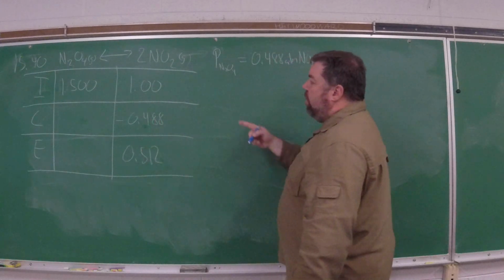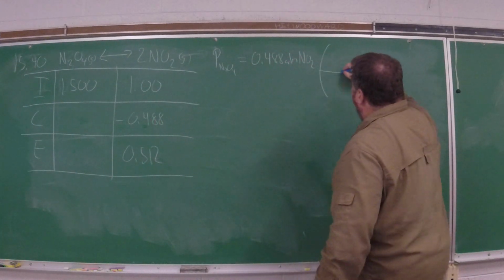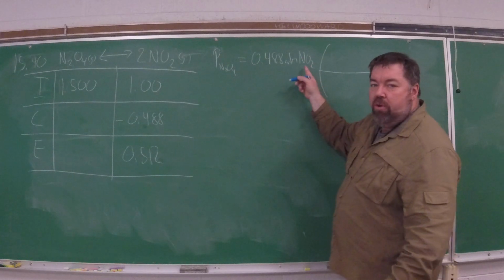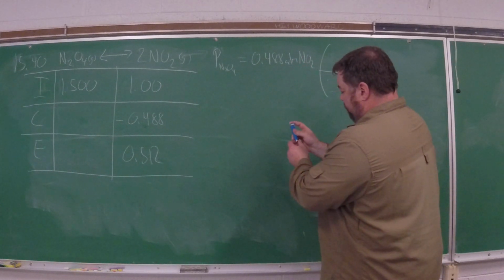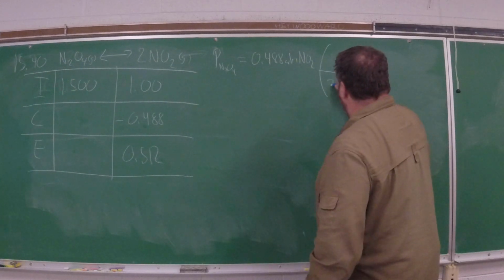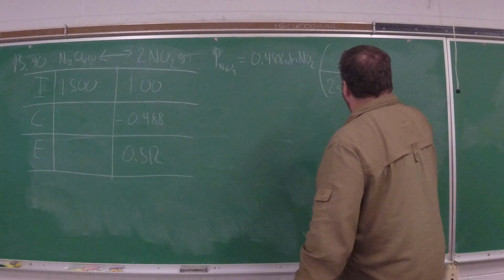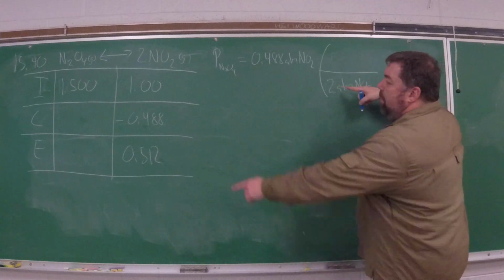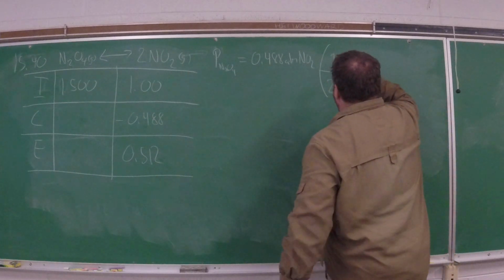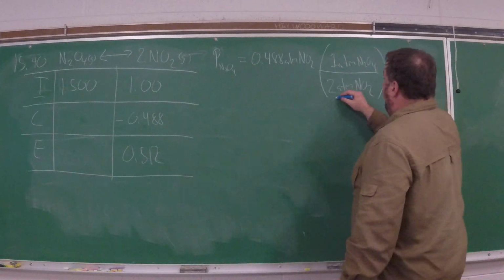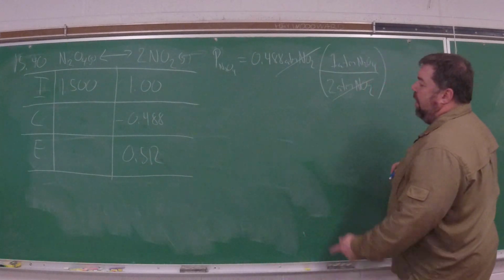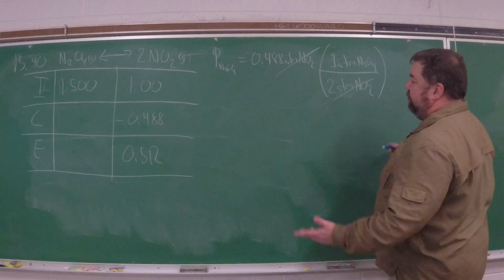And again, I'm going to use the stoichiometric ratio, right? I want the partial pressure of the NO2 to cancel. So, every 2 atmospheres of NO2, there's 1 atmosphere of N2O4. Atmospheres of NO2 cancels, and so you end up dividing that by 2.